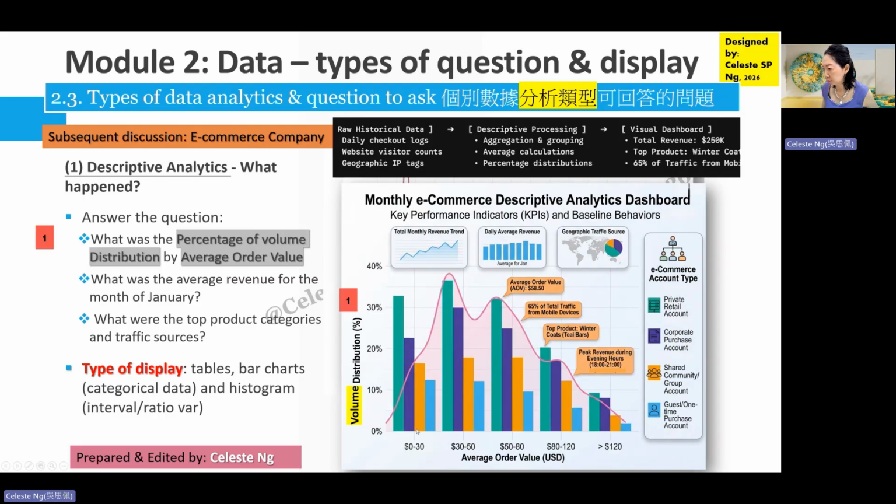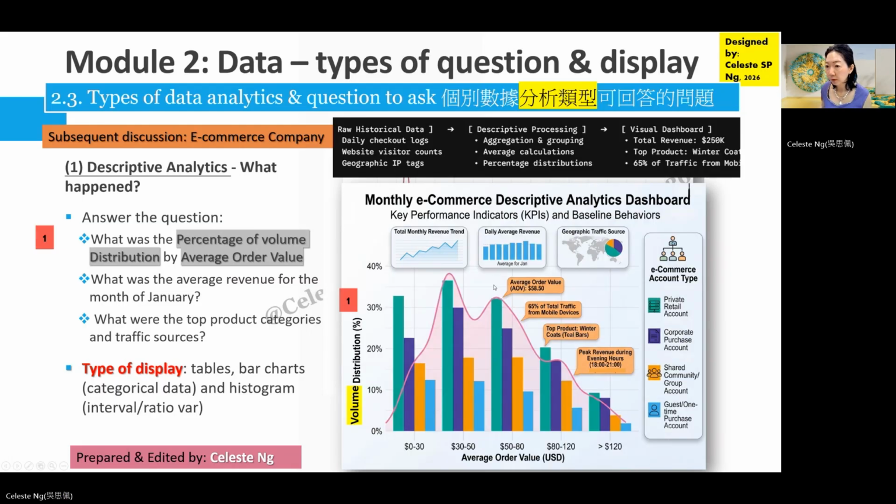Each of these accounts, we categorize based on different categories of average order value. This line represents the average order value when we average out all of these different accounts together.